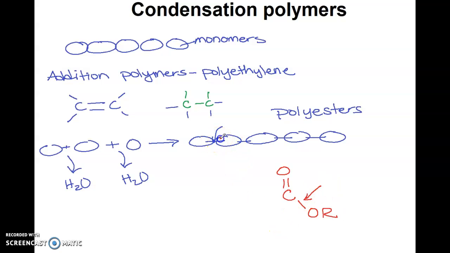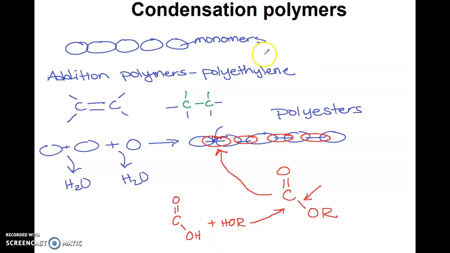If that's the type of bond joining our monomers together, that's a polyester. And if we think about how we make esters, one of the ways is by reacting a carboxylic acid with an alcohol. And that's how we get that linkage.